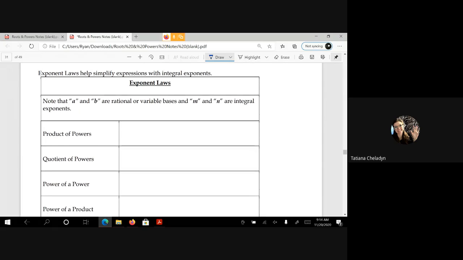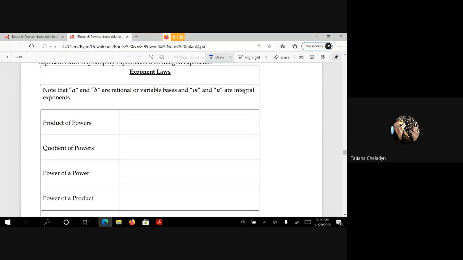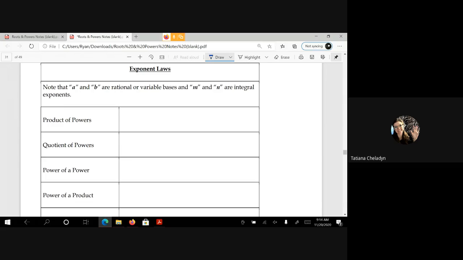So here's a chart where we're going to break them down. So the exponent laws, note that a and b are rational or variable bases, and m and n are integral exponents. Okay, so product of powers. So product means multiplication.